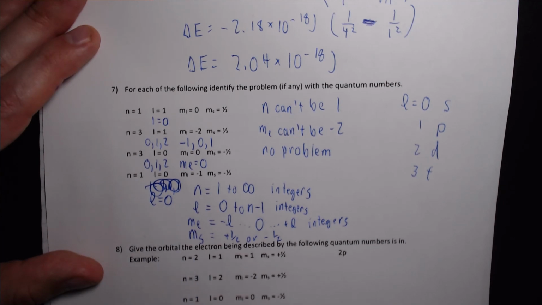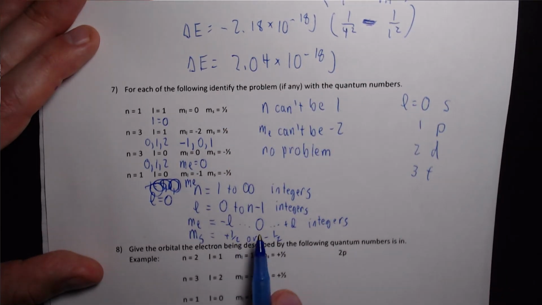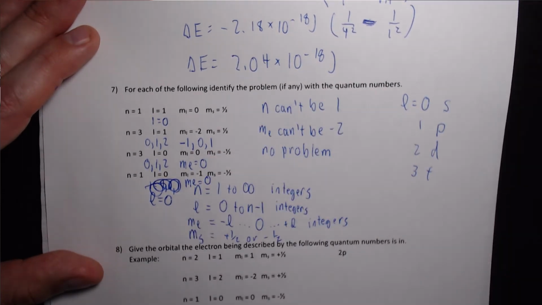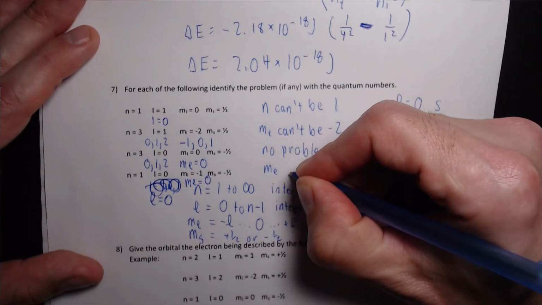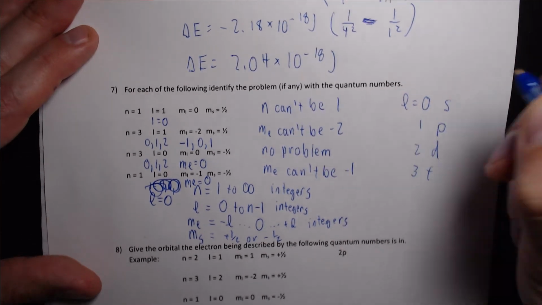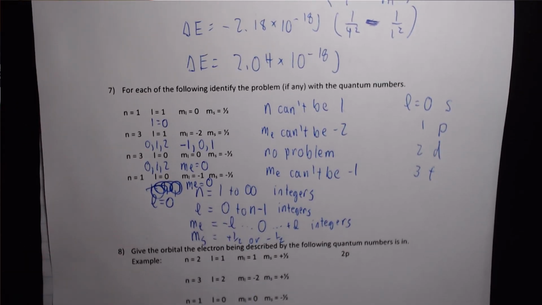So L has to be 0. If L is 0, m sub L is negative L through 0 to positive L, which is negative 0 through 0 to positive 0. So m sub L has to be 0. So here the problem is m sub L can't be minus 1. It has to be equal to 0. Said another way, this is an s orbital, and there's only one s orbital.